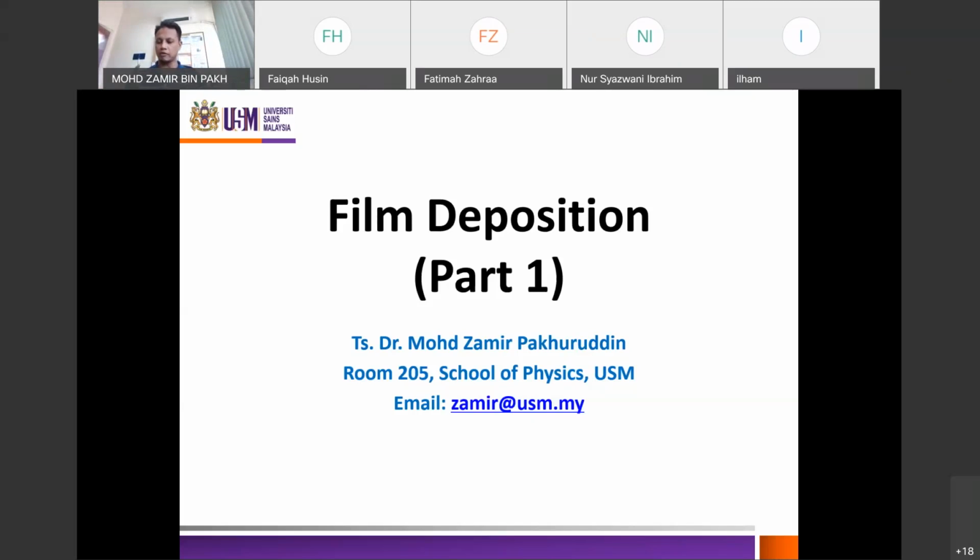So it can be done by various processes, and together they are called film deposition. In fact, you can also do wet processing to deposit your film. For example, if you want to deposit your zinc oxide by spin coating process, or chemical bath deposition, or some other electrochemical method perhaps, it can be considered film deposition as well.